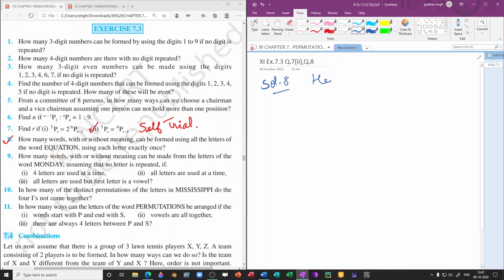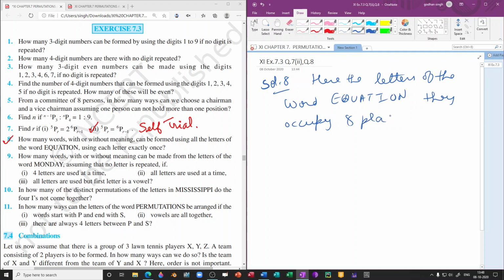Here the letters of the word equation occupy 8 places, and the number of letters is also 8, because they all are distinct, no letter is being repeated.